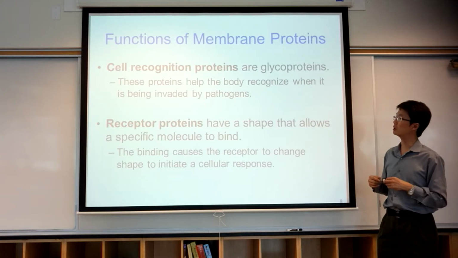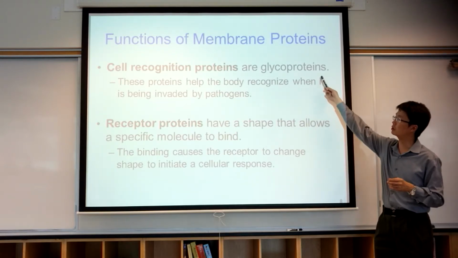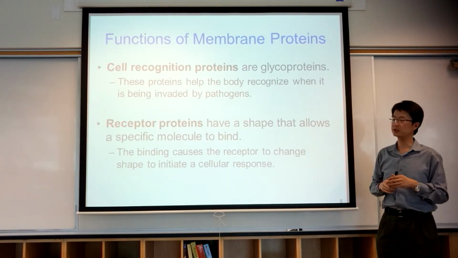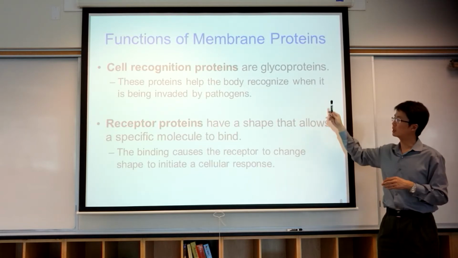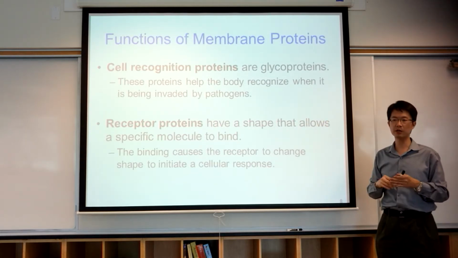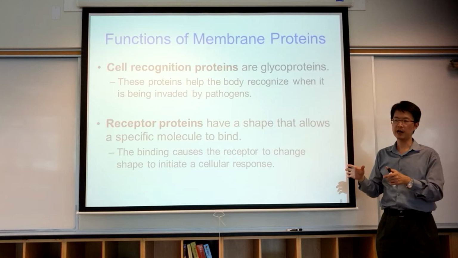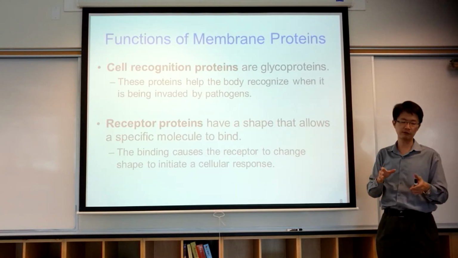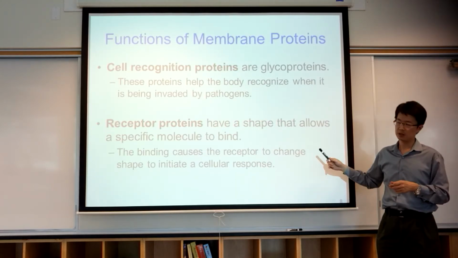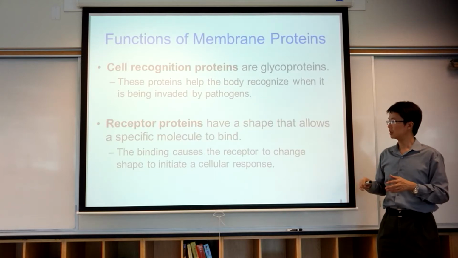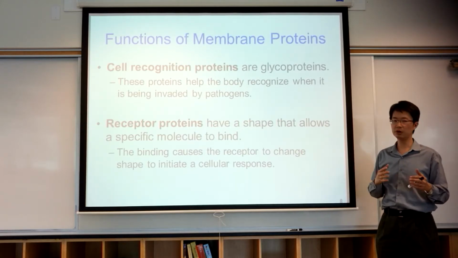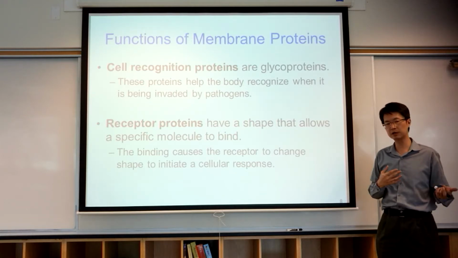Cell recognition protein. As I mentioned before, glycoprotein is one of the examples. It helps your immune system to tell whether this cell belongs to you or is a foreign invader. And then receptor protein, they bind to a signaling molecule. There are many types of signaling molecules.